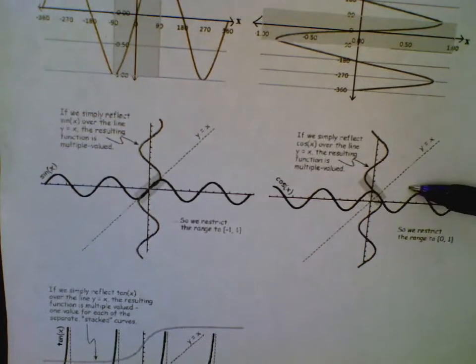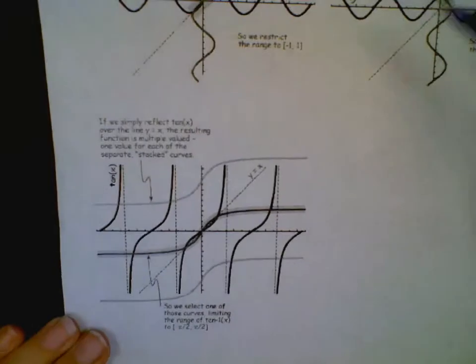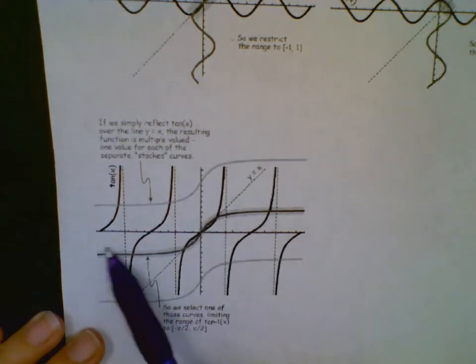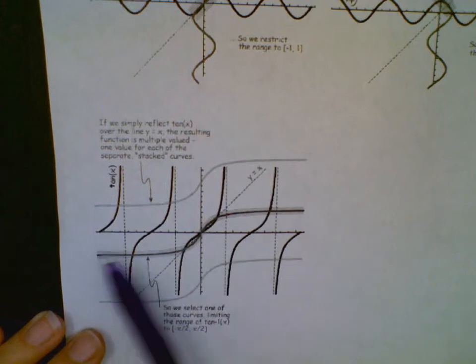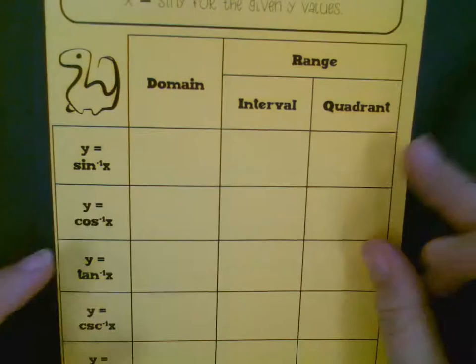And this is the graph of cosine and its inverse. The tangent one looks ridiculous. That's what it looks like. So here's our normal tangent, and here's the inverse of it.